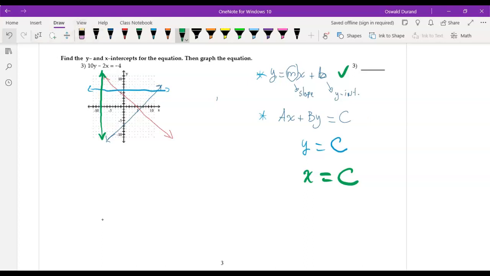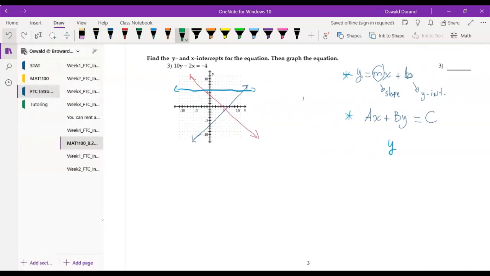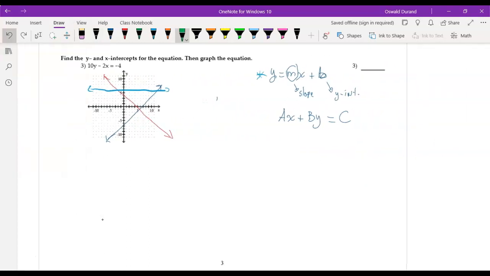Now let's move on to graphing. Here we want to graph the equation 10y minus 2x equals negative 4 using the x and y intercepts.